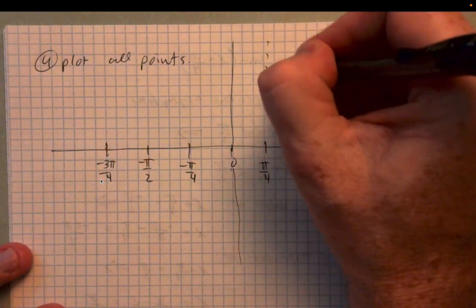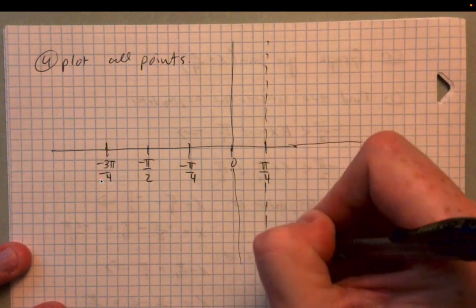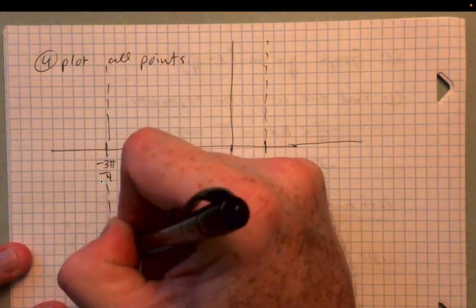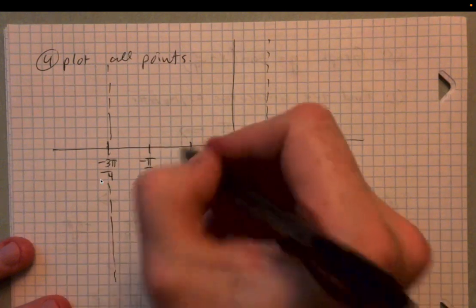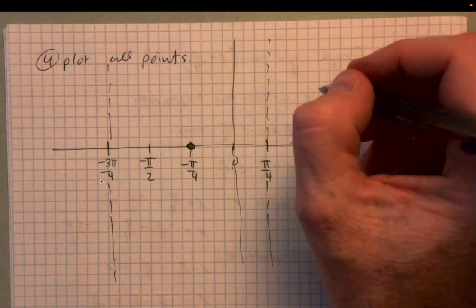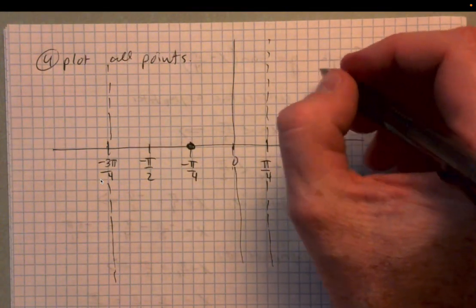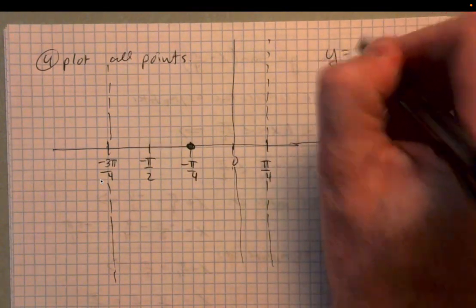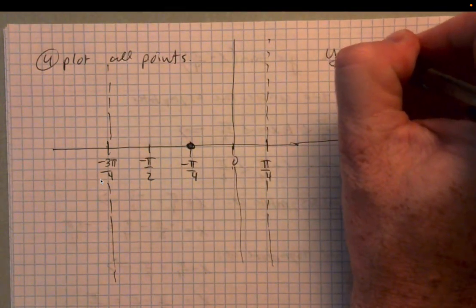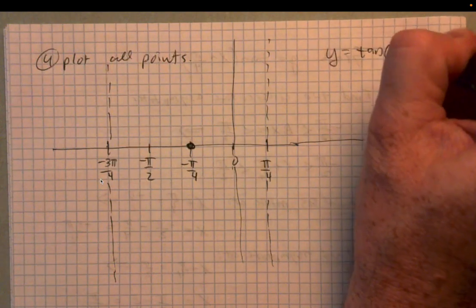But I've got vertical asymptotes along this guy here, and I've got vertical asymptotes along this guy here. Right? The graph goes through there. That's the x-axis. And what was the value of a for this example? Remember, the function was y equals tangent of x plus pi over 4.